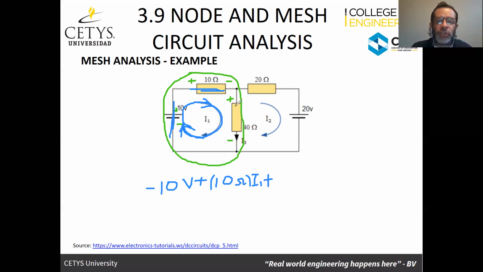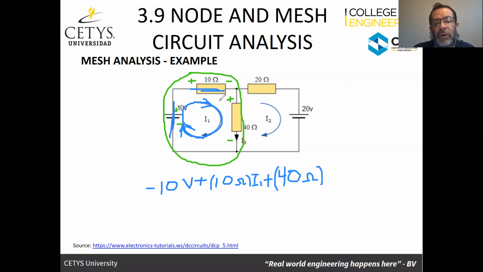But if we go to the 40 ohm resistor, there is the combination of I1 and I2. So for this resistance, the voltage is going to be the resistance, which is 40 ohms, multiplied by the combination of currents that are going through it, according to what I established.